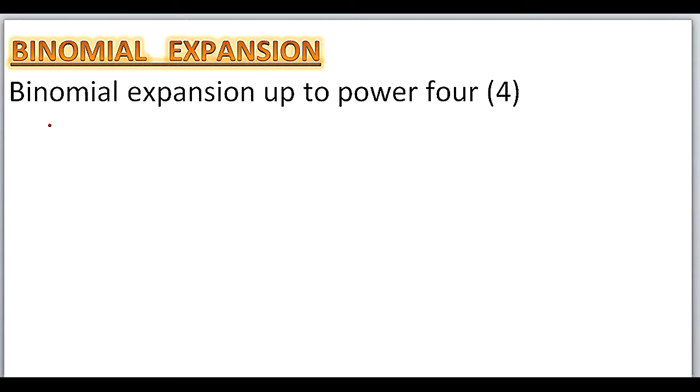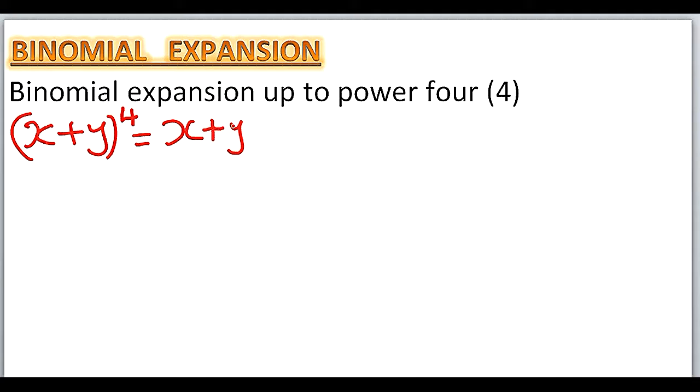In our last expansion, we expanded a binomial whereby the index was 3. Now we will go ahead and expand a binomial (x plus y) to power 4. So this can be written as (x plus y) times (x plus y) cubed.